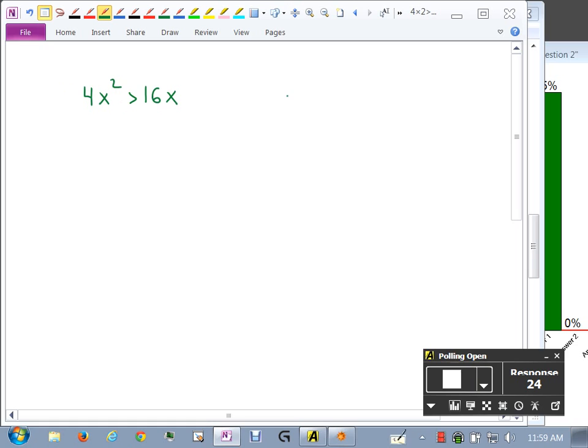We need to make it look like this, ax squared plus bx plus c greater than 0. Or it could be less than 0 or greater than or equal to or less than or equal to, but we need to get everything to one side. So how about I take that 16x over to the left, which means I subtract it. How about dividing both sides by x? Could I do that? Yes.